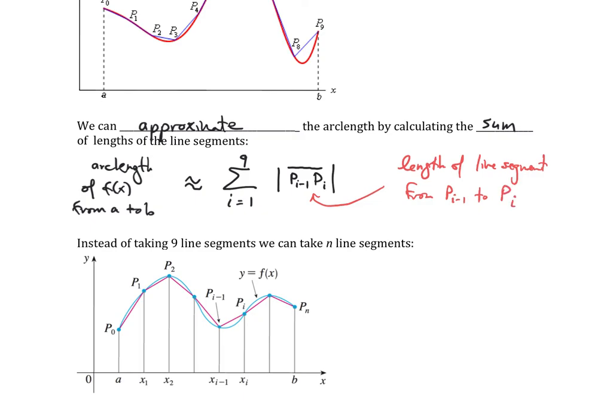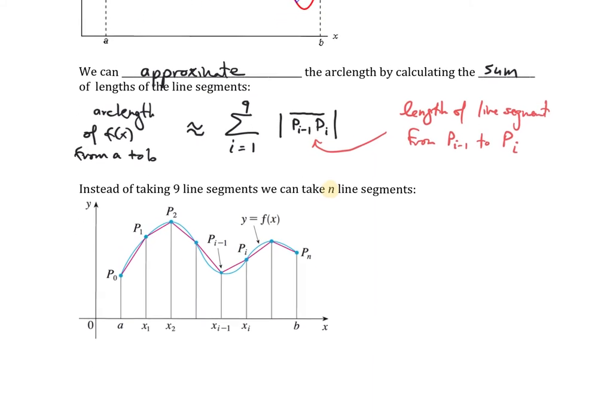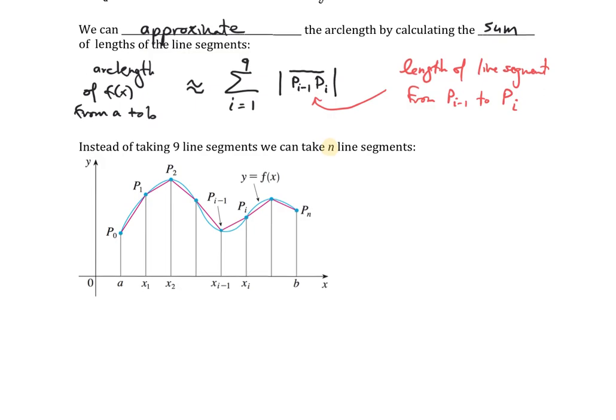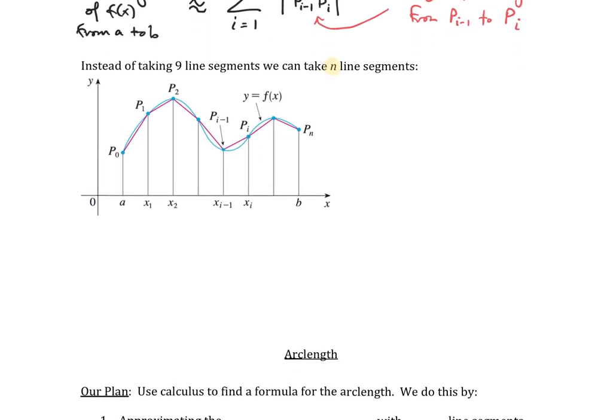That earlier picture up above dealt with 9 line segments. Instead of looking at 9 line segments, let's generalize. This picture is just supposed to be an abstract diagram, and we're taking n line segments instead of 9.